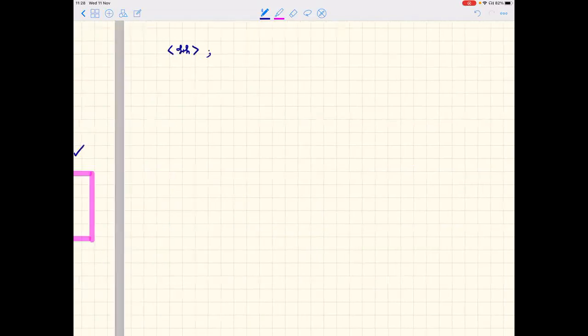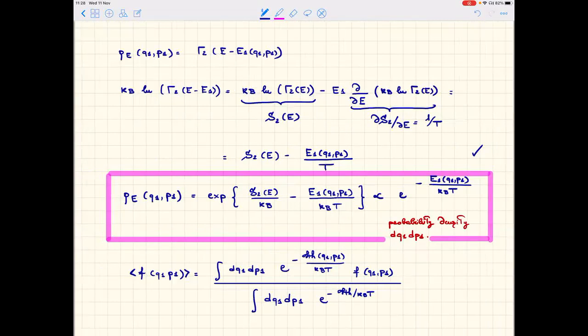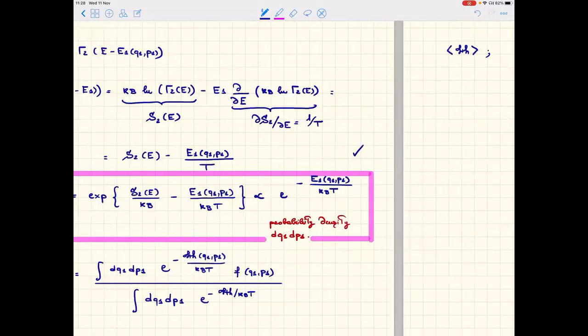All right, so now when I look at this formula here, you see that I can use this formula to calculate, for example, all moments of the energy, right?